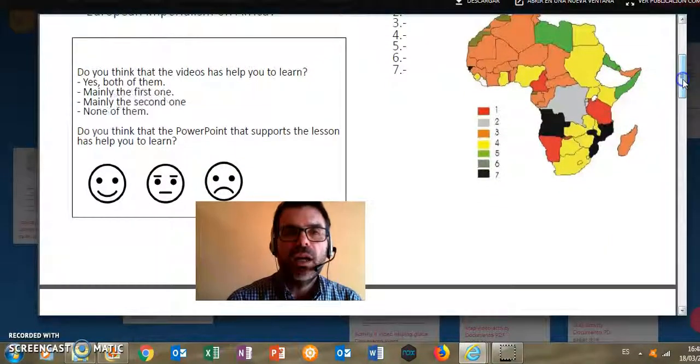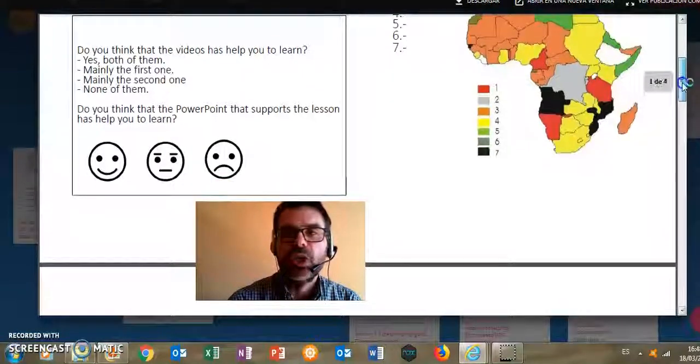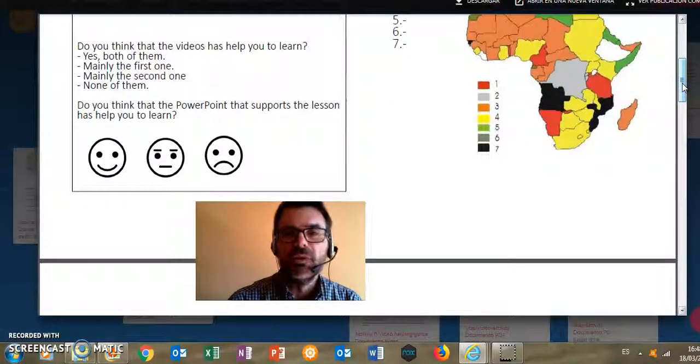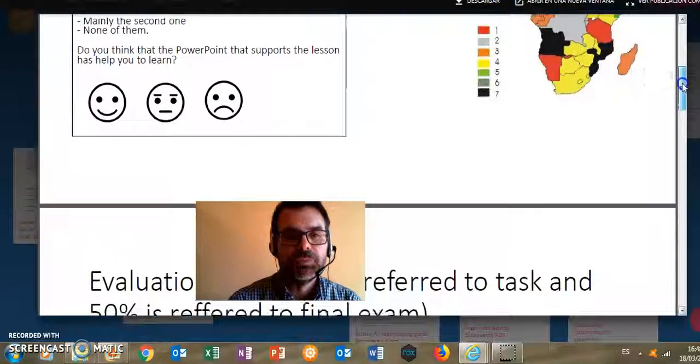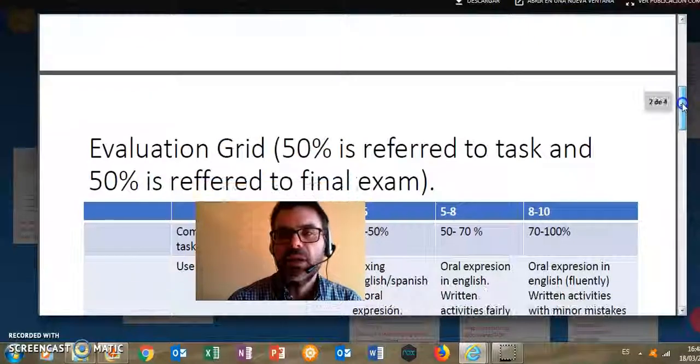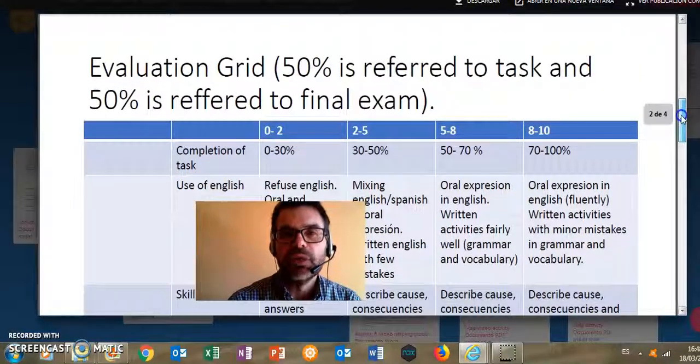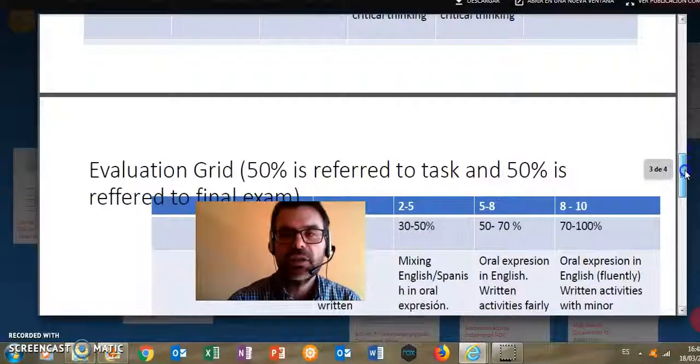Okay, and finally, I will try to find out their opinion about the videos, because I'm interested in knowing that, and about the PowerPoint that supports the lessons. Okay, and the exam is 50% of the evaluation. Here we have the evaluation grid.